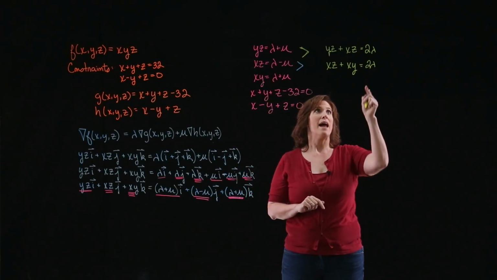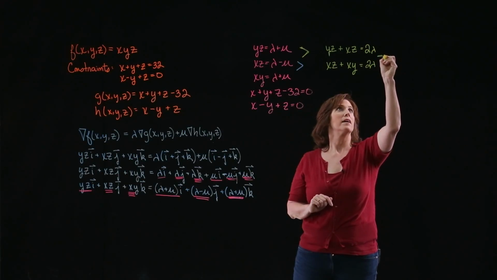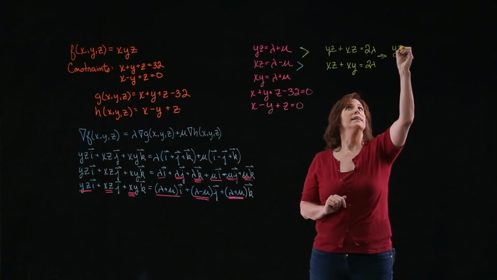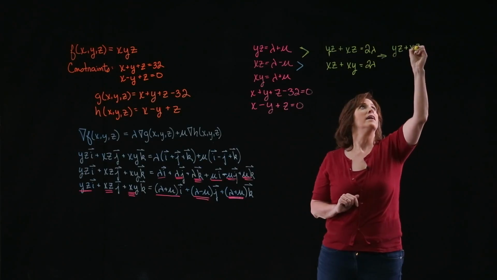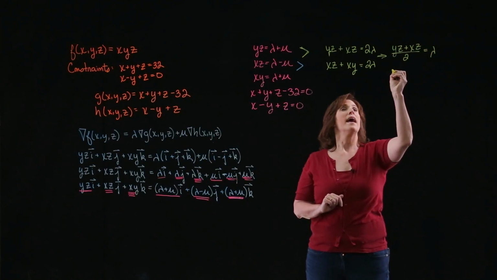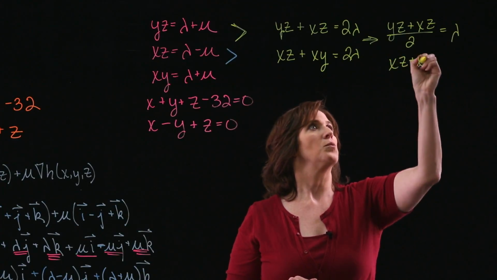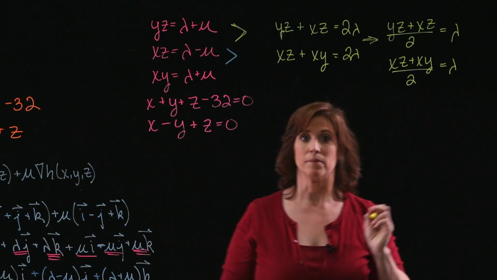I'm now going to take each of these and solve them for lambda. So I'm going to have yz plus xz all over 2 equals lambda, and xz plus xy all over 2 equals lambda.